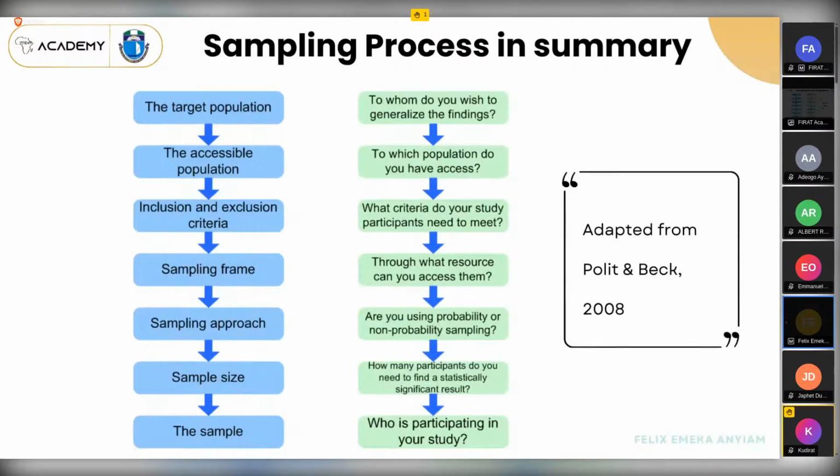And you will have a sampling frame, meaning a list of those that are eligible, so that you can pick your sample from that sampling frame using the different sampling approaches, either probability or non-probability, based on your sample size, because it's the sample size that will guide the number you are going to choose in the study that you want to do.